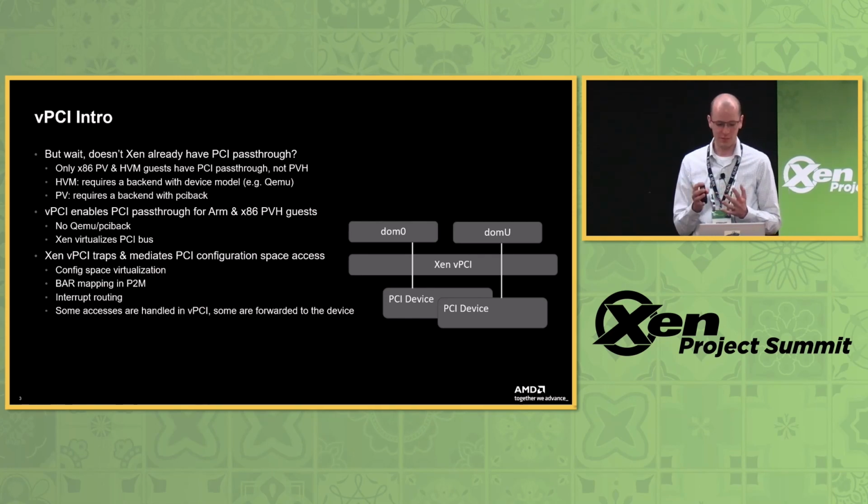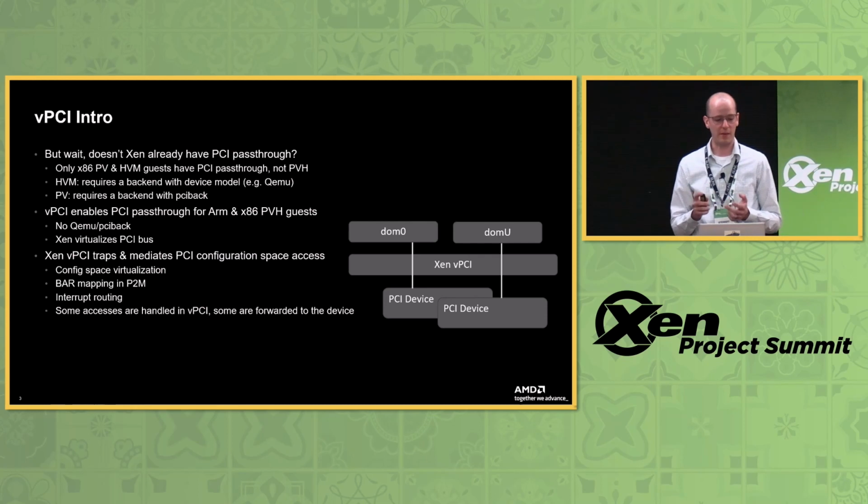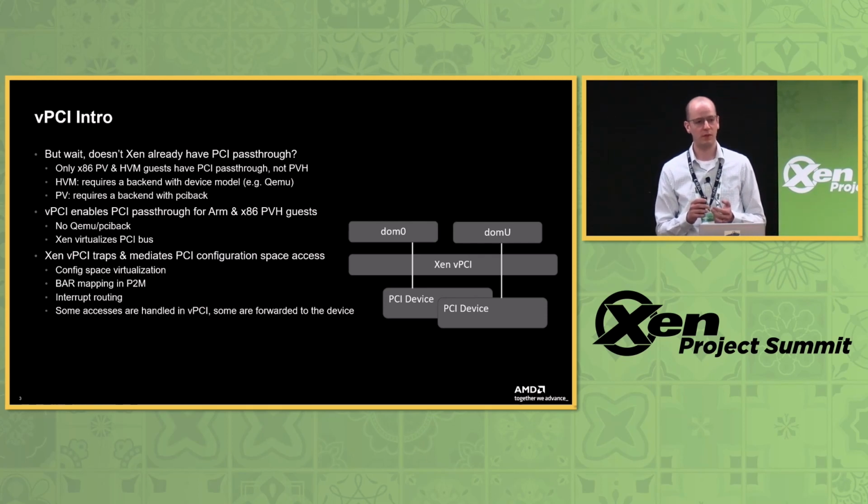Moving on to VPCI on PVH and ARM guests, we don't require this backend. No Qemu, no PCI back, and Xen itself is virtualizing the PCI bus. So this means Xen is trapping accesses to the PCI configuration space and mediating access to the different direct assignment of devices.